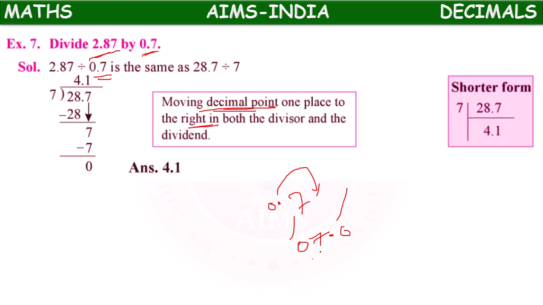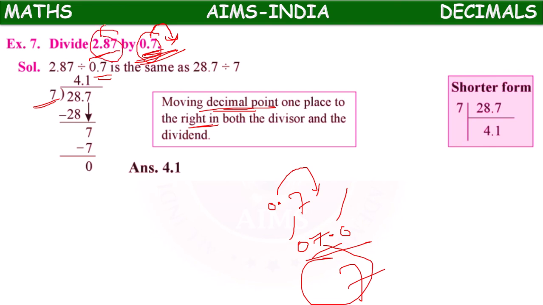In 0.7 we have shifted the decimal point one place to make the divisor a whole number instead of a decimal number. To balance that, in the dividend also we have to move the decimal point one place to the right. Instead of 2.87, it becomes 28.7.